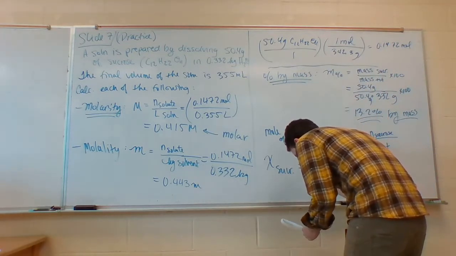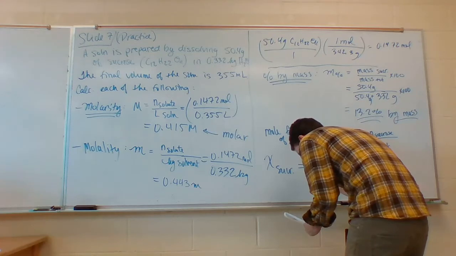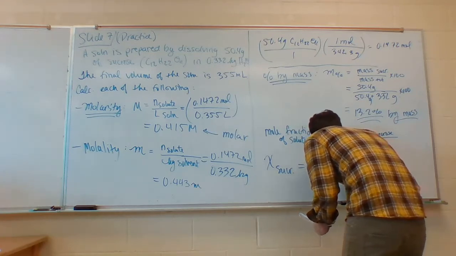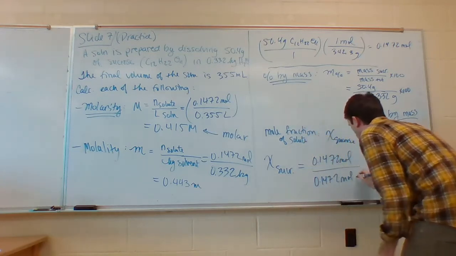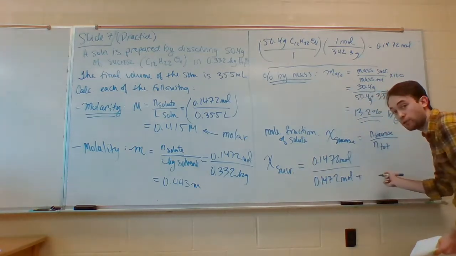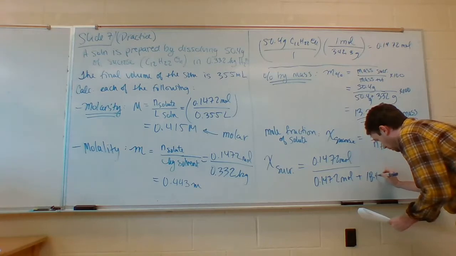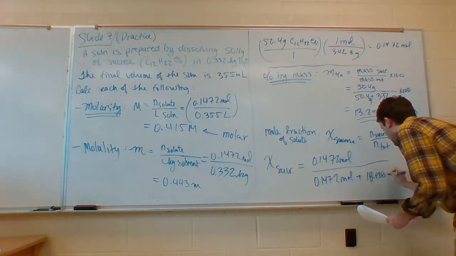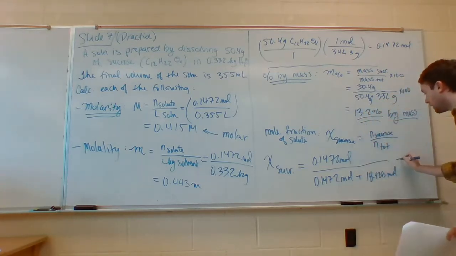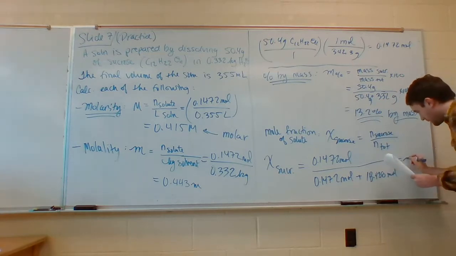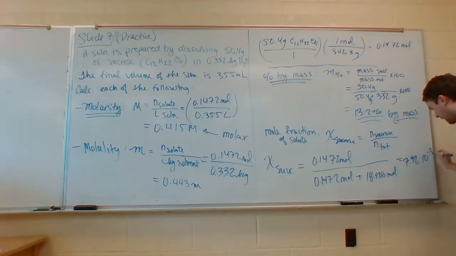Your moles of the sucrose were 0.1472, and then you're also going to add your moles of the water, which were 18.428 moles. And that is going to equal 7.92 times 10 to the negative third. Again, that is 7.92 times 10 to the negative third.